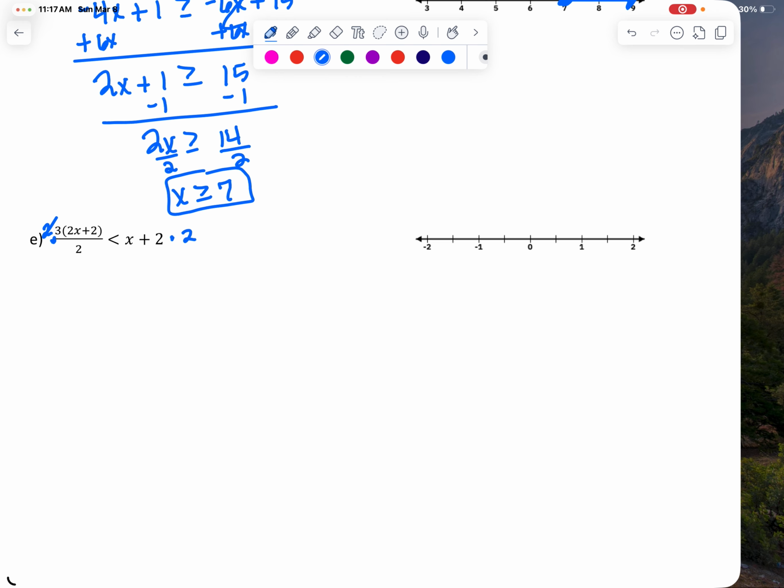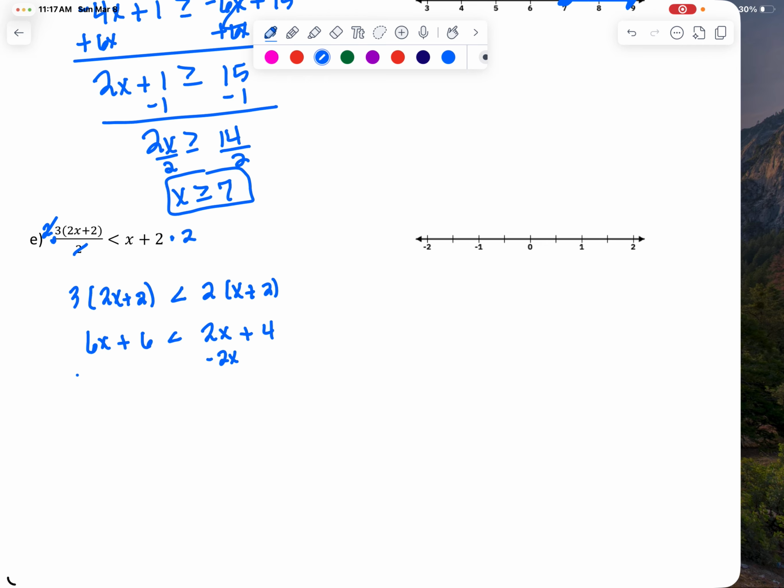So this 2 would cancel with this 2, leaving me 3 times the quantity 2x plus 2. And this side would be 2 times the quantity x plus 2. All right, distribute. 6x plus 6 is less than 2x plus 4.